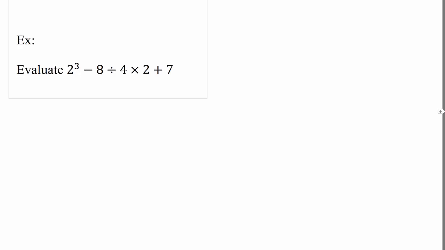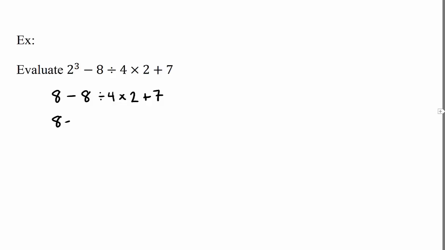Looking at another example, I've got some exponents first. So the first thing I'm going to do is 2 to the power of 3, which is 2 times 2 times 2, which is going to be 8. Subtract 8, divided by 4, multiply by 2, plus 7. So I have some multiplication and division in the middle here, and I'm going to do those in the order that they occur.